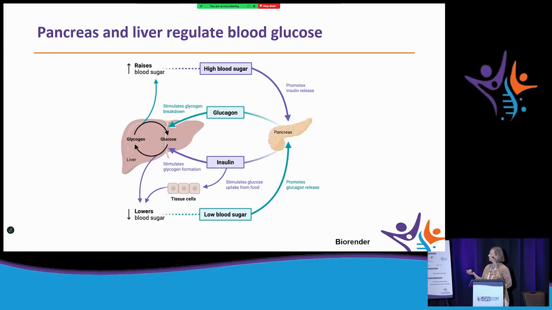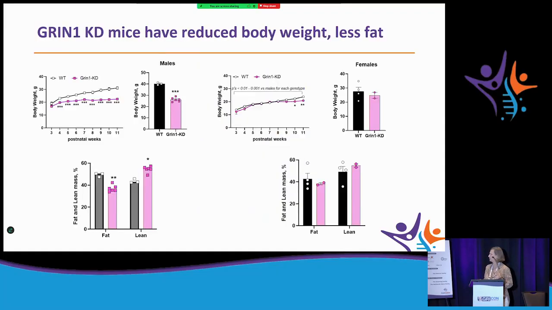And if blood sugar is high, when you eat, that causes the pancreas to release insulin, and then insulin will take that sugar and either put it into tissues or store the extra in the liver as glycogen. Okay, so keep in mind just that the pancreas secretes glucagon and insulin for right now.